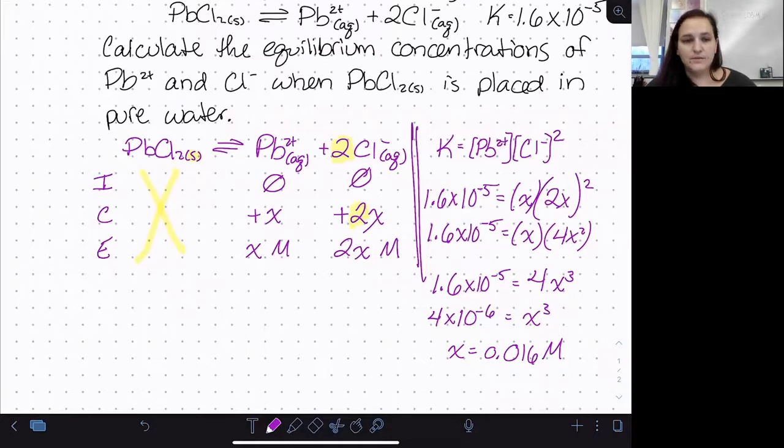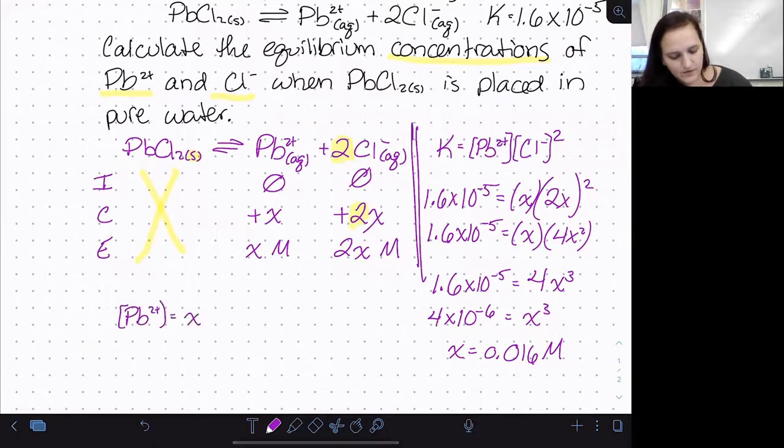So we need to remember that X is not necessarily what we're solving for. We were asked for equilibrium concentrations of lead and chloride. So those are the things we want to make sure that we are actually solving for.